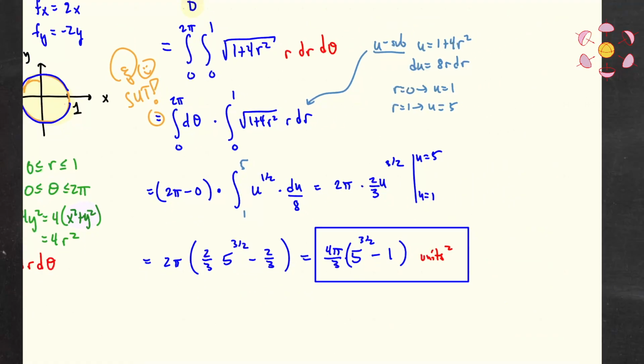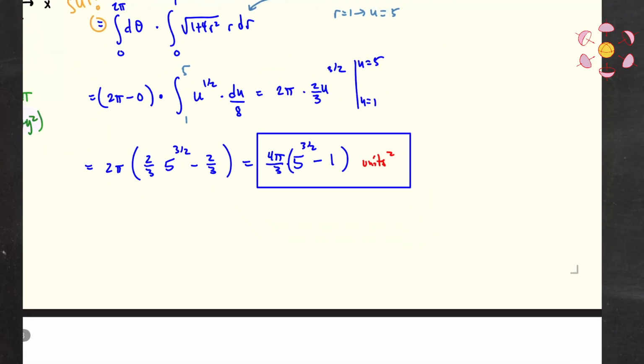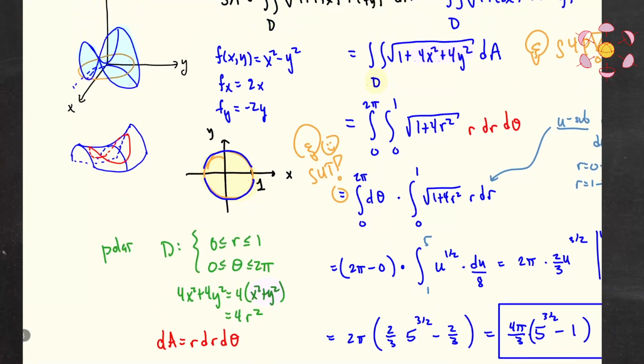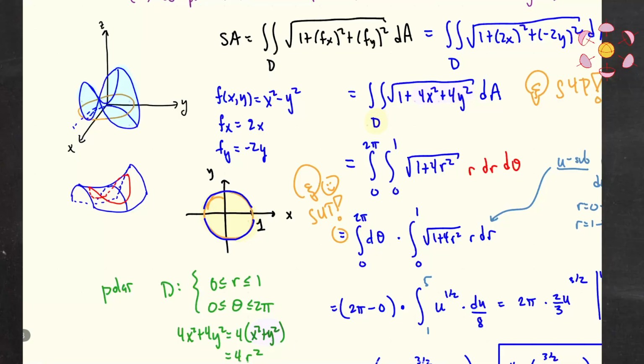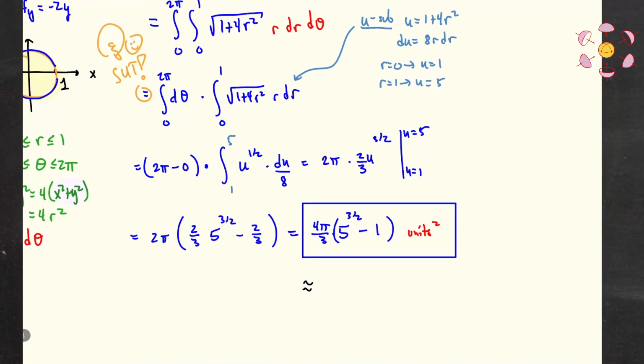Okay, let me grab my calculator since I asked us to compare this with the area of the unit disk. From the picture, we can see that definitely the disk has much less area. Area of the disk is pi. The hyperbolic paraboloid, let's see.